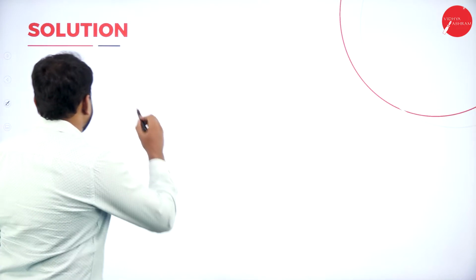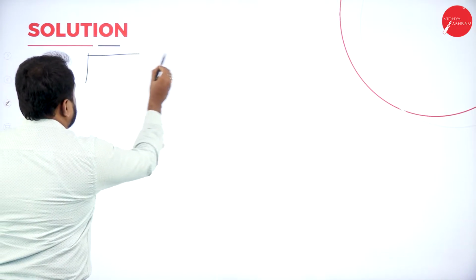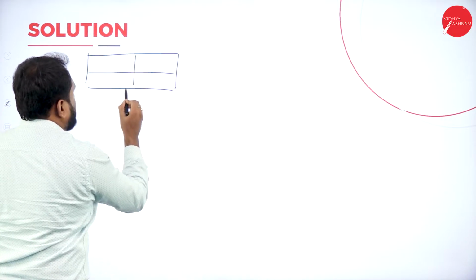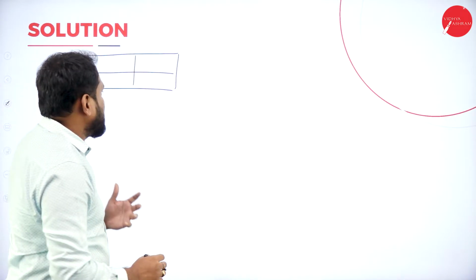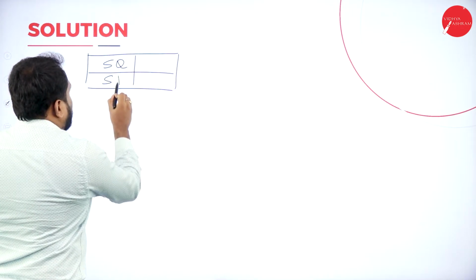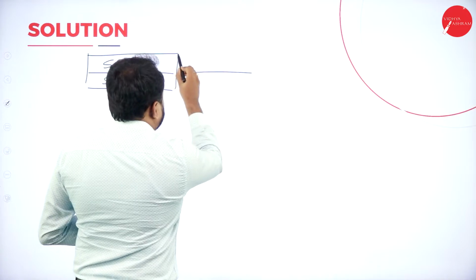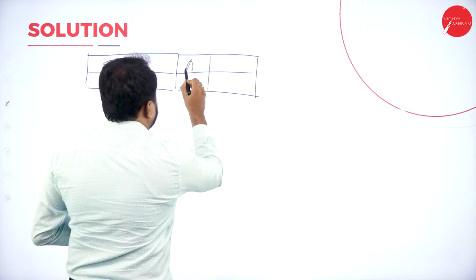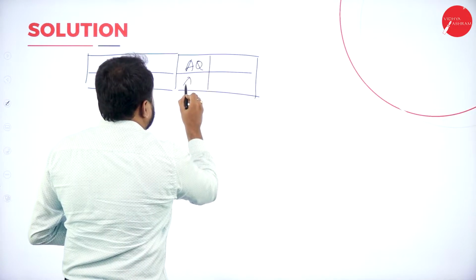Firstly, students, you are supposed to draw a box. What exactly does the box contain? Here you write SQ, here you write SP. Later, go with this type of box. Now here you write AQ and AP.